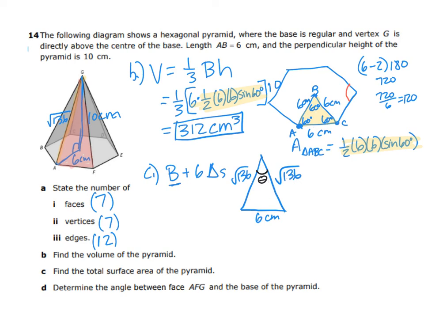So to find theta, I'm going to have to use law of cosines. When you know three sides, that's the time to use law of cosines. So theta is going to be cosine inverse of 6 squared minus the square root of 136 squared minus the square root of 136 squared, all divided by -2 times the square root of 136 times the square root of 136.